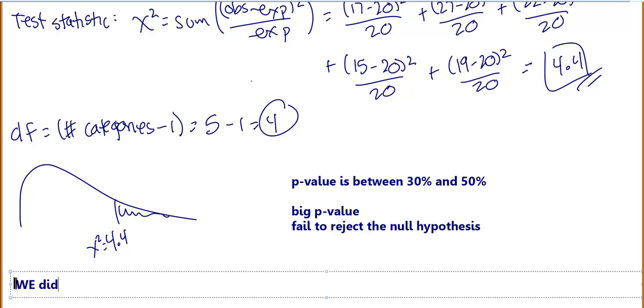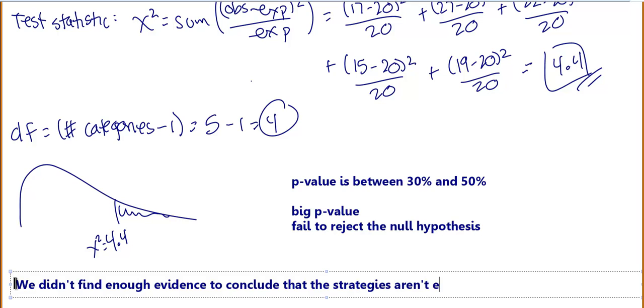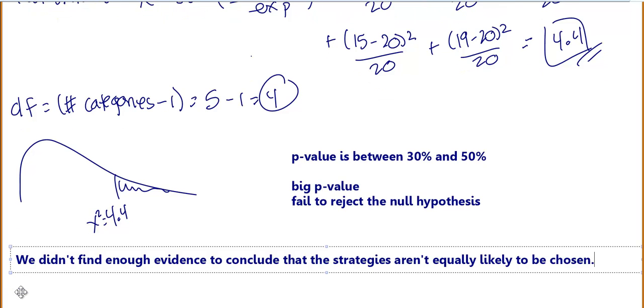So we didn't find enough evidence to conclude that the strategies aren't equally likely to be chosen. So no reason to think that they're not all equally likely.